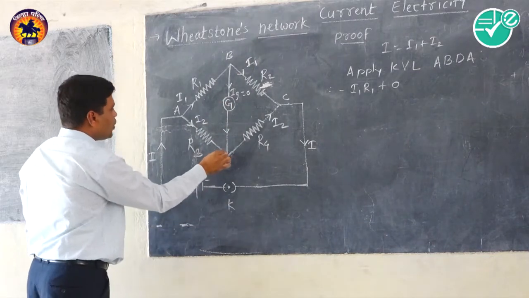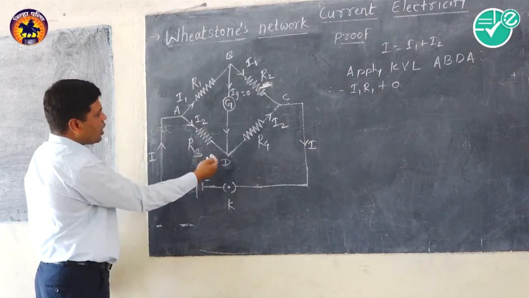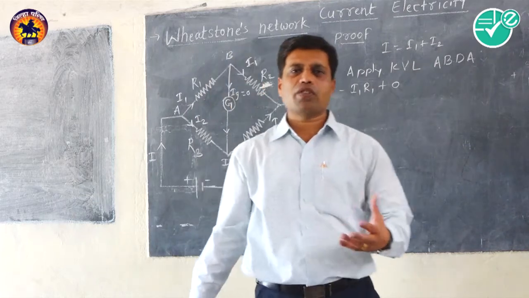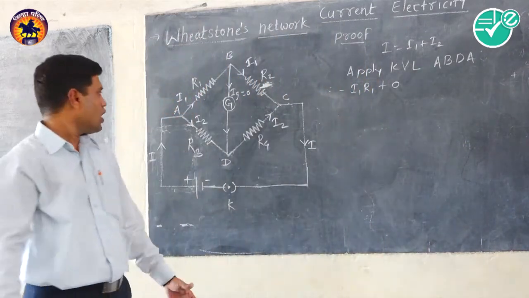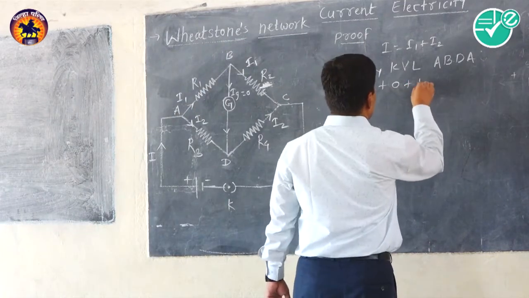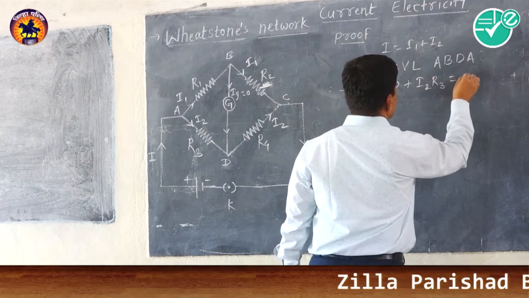Now as we move from D to A, we observe that current is flowing in the downward direction and we are moving in the upward direction. It means that the direction of tracing of the loop and the direction of the conventional flow of current are opposite to each other. So therefore I2 will be treated as positive, and I can write here I2 into R2. So this equals 0.